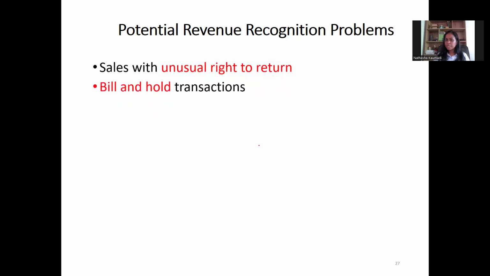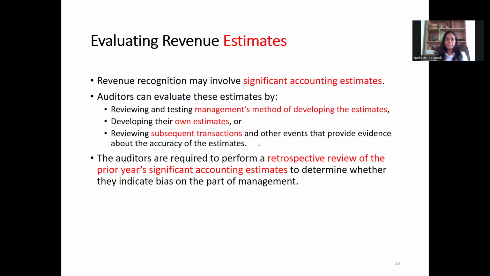There can be issues like that. And then there are multiple element agreements, where there are multiple performance obligations in the agreement. So we don't know at which point the revenue should be recognized. We have to be very careful as per the accounting standard, company practice, and industry practice. You have to think about those things, right? Those are the problems we might face.